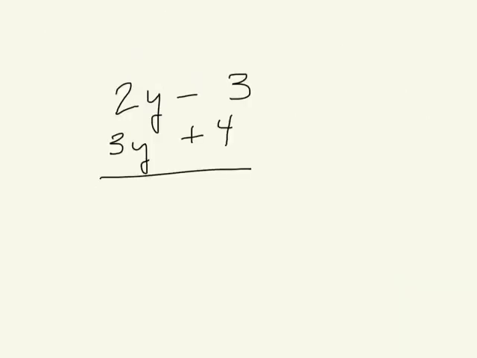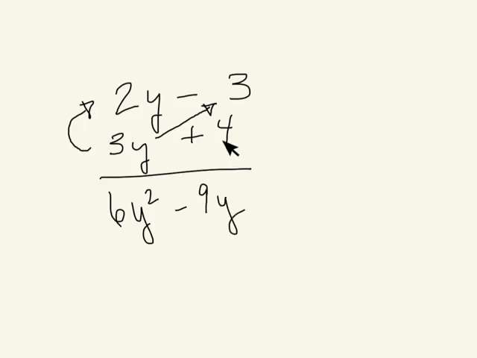Same deal. I'm going to do positive 3 times a positive 2y. That is a positive 6y squared. Then I'm going to go across here and do positive 3y times a negative 3. So a positive 3y times a negative 3 is a negative 9y.